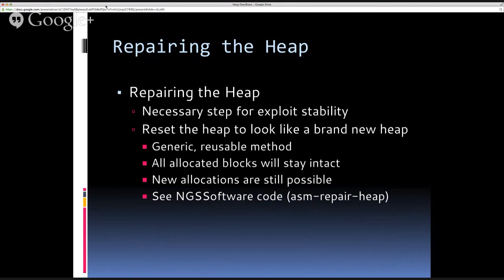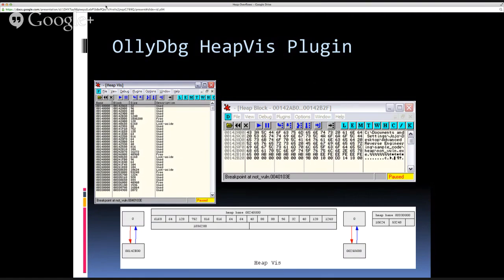So one last thing to note is that when you're doing this reverse engineering for your heap, having a method to visualize the heap and see where data is going is an important capability. The OllyDbg Heap Viz plugin is one tool that I wanted to point out for this.